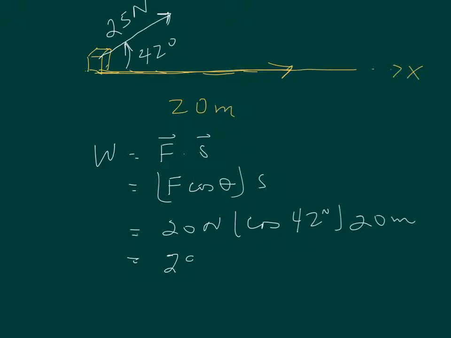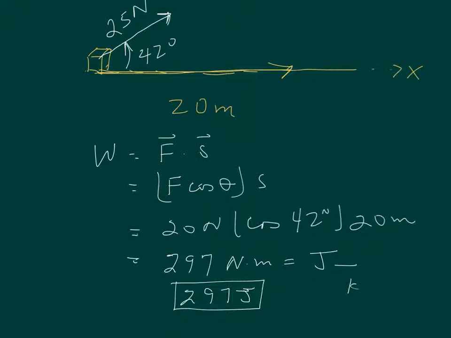Equals 372, let's look at our units, Newton meters, which we know is equal to a joule. So our answer is 372 joules. Remember again that a joule is a kilogram meter squared per second squared.